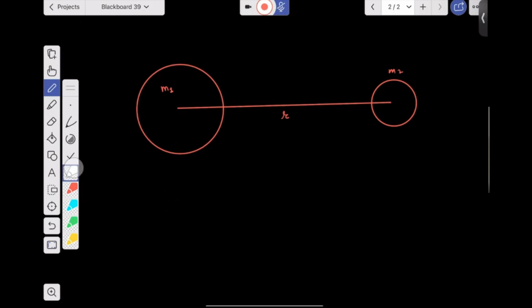So tell me one thing, if I have to project something which I want to reach m2 from m1, I will be projecting it from the side facing m2. Obviously, from here I will not be projecting.